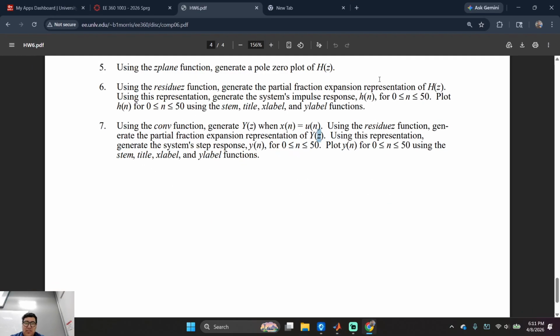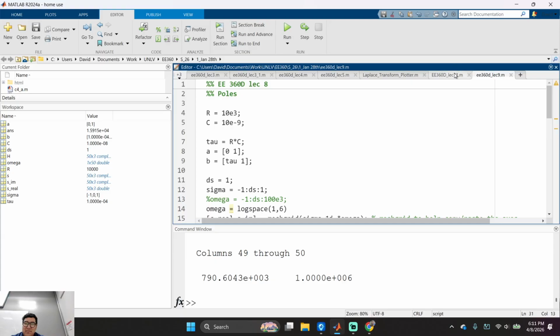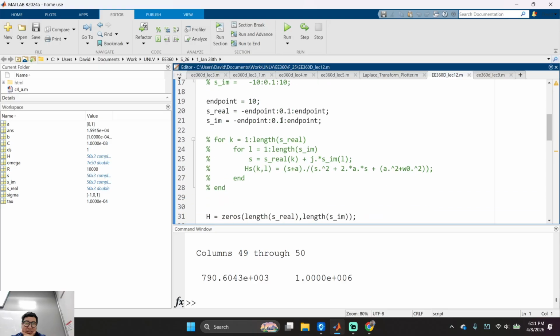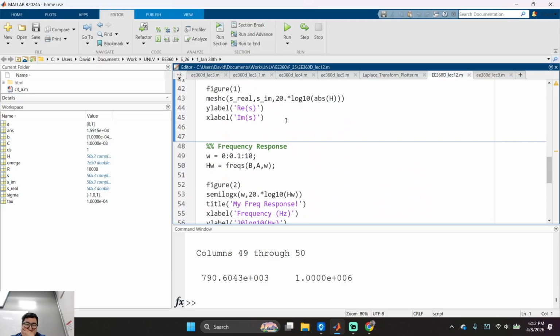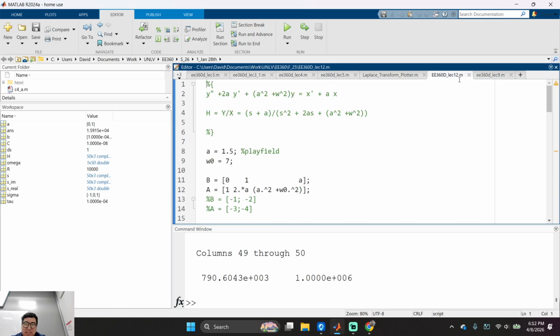But you know what? Let me see. Didn't I do this the last class? EE360 lecture. Oh man, I have different things here. What did I do here? This was a Z transform. Z transform plotter. You know what?